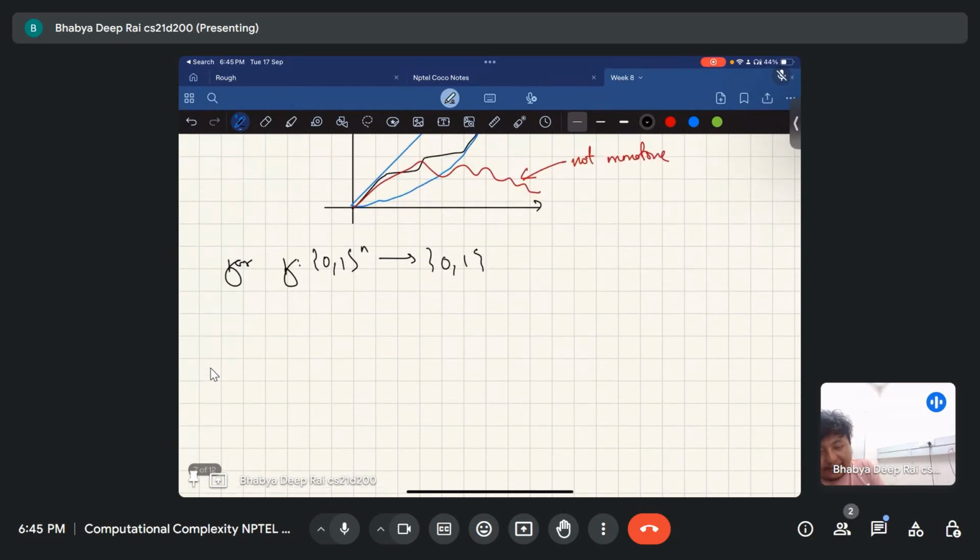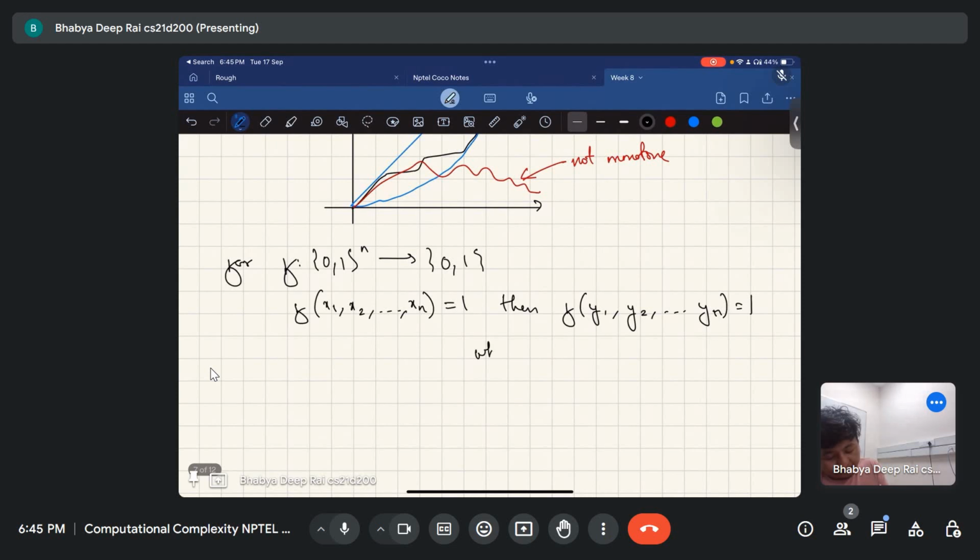Now carefully look at the definition: if f of x1, x2, and so on, xn equals 1, then f of y1, y2, and so on, yn is also equal to 1 for all y where yi is greater than or equal to xi for all i.